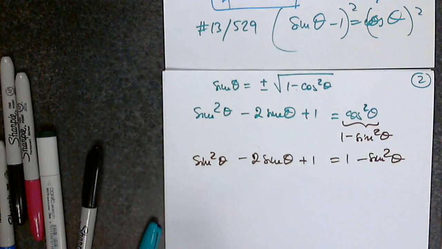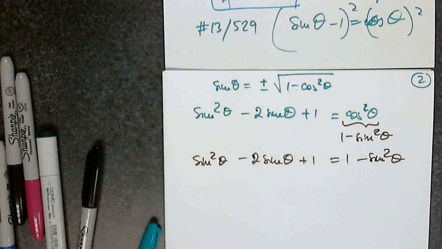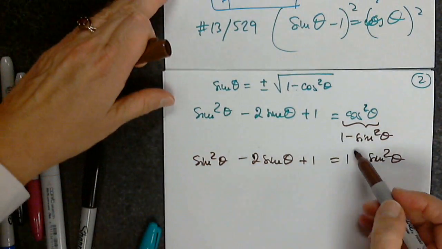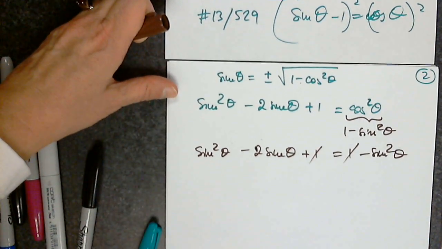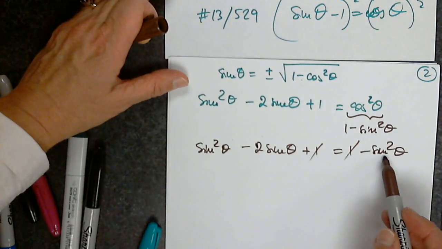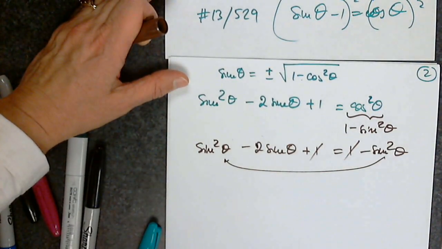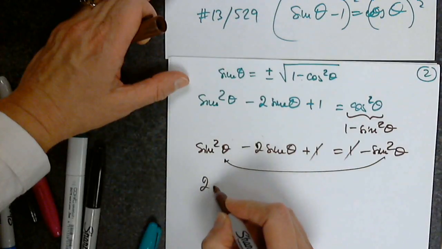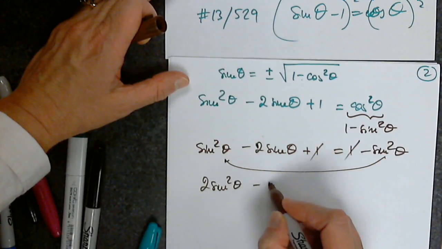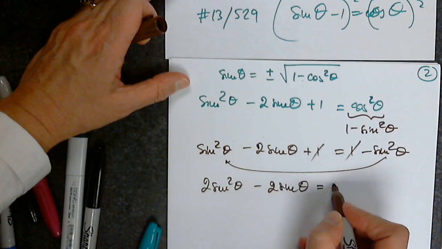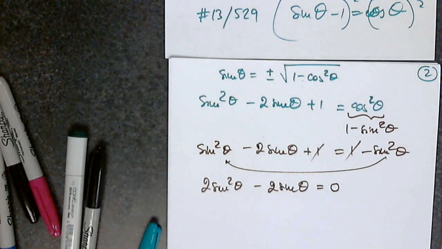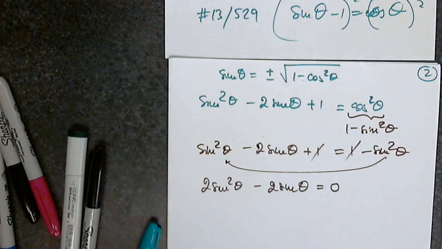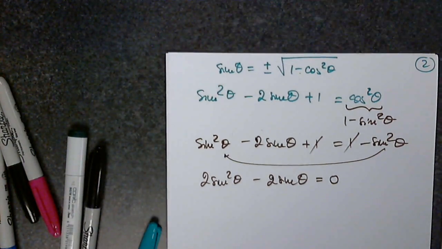Are we okay so far? Okay. This and this will go away when I subtract 1 from both sides. Of course, I will move sine squared to the other side, and I have 2 sine squared theta minus 2 sine theta equals 0. I love everything I see now, right?